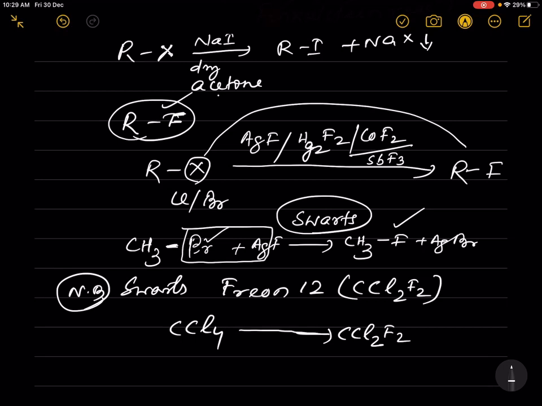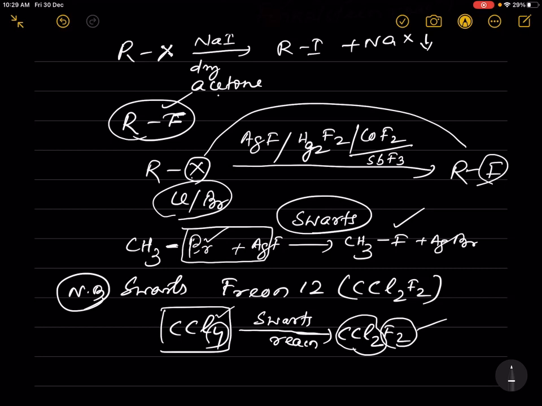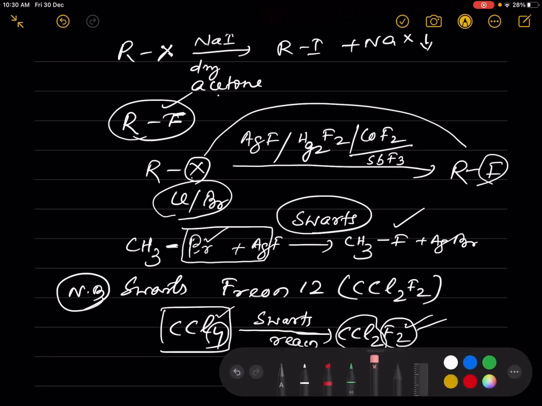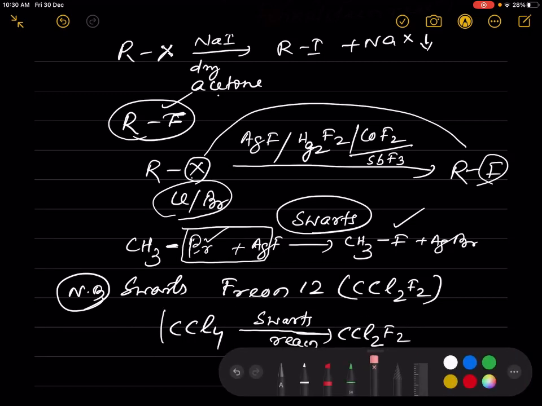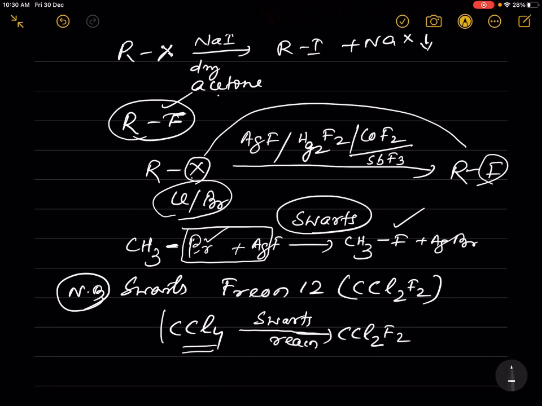You see here we have exchange of X with F. Here X is chlorine or bromine, but here I have taken CCl4. Here there are 4 chlorine atoms, but here there are 2 chlorine atoms and 2 fluorine atoms. So 2 chlorine atoms are exchanged by these 2 fluorine atoms. So Freon 12 can be synthesized from carbon tetrachloride by the Swarts reaction.